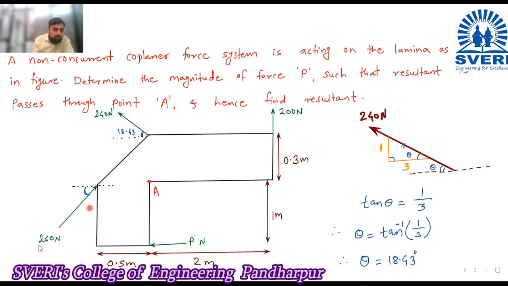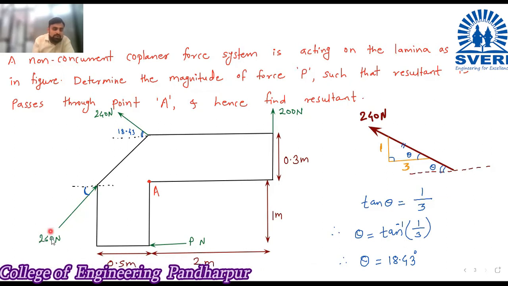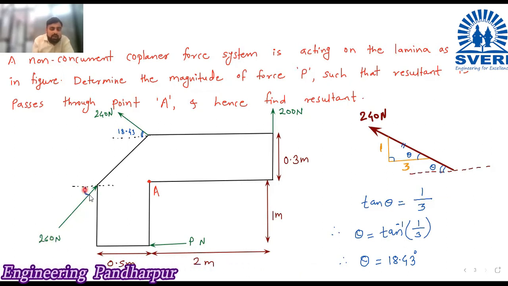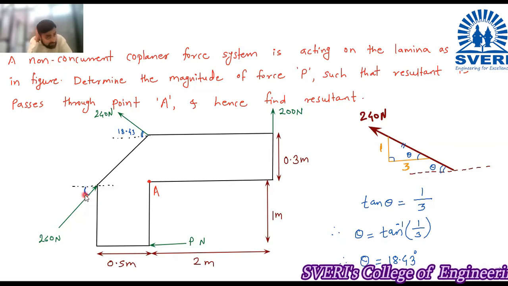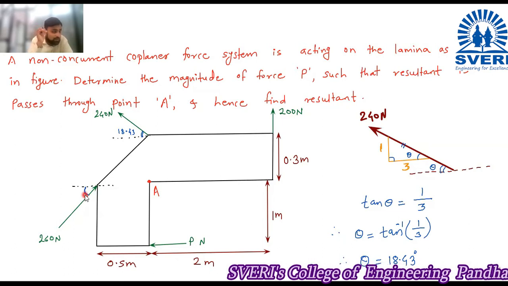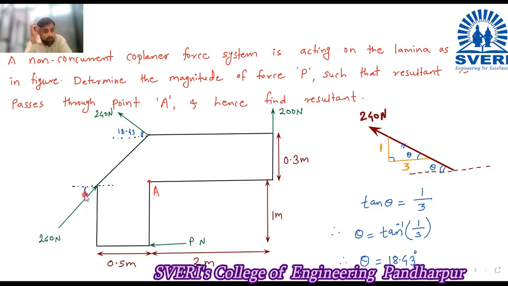So here, if you want to resolve this force of 260 Newton, we should find out either this angle with horizontal or this angle with vertical. So we will try to find out this angle which is subtended with the horizontal line. Now think about how you can calculate this angle.